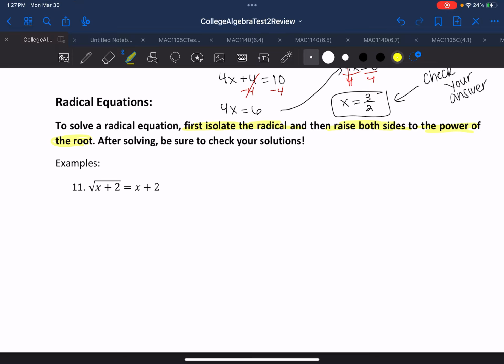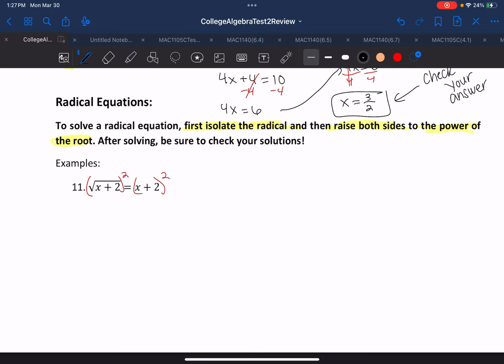And then you need to make sure that you check your answer at the end to make sure that it is in fact equal on both sides and that you don't get a negative under the square root. So if you do, then we will exclude that solution. So in this example, the square root's already by itself, so I'm going to go ahead and square both sides.